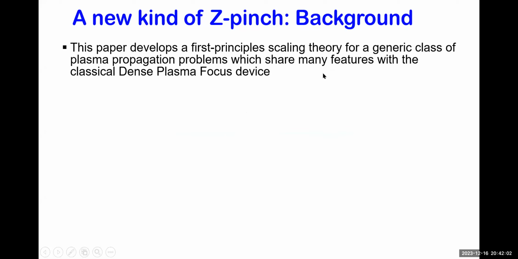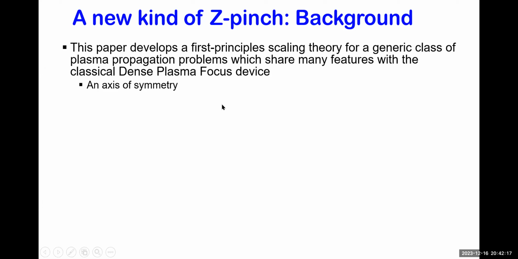So the paper which I mentioned develops a first principle scaling theory for a generic class of plasma propagation problems which share many features with the classical dense plasma focus.